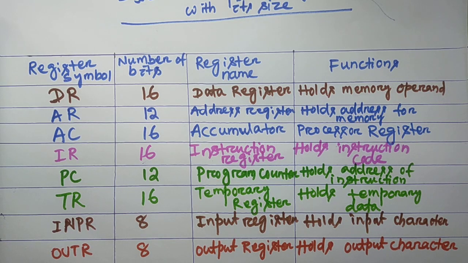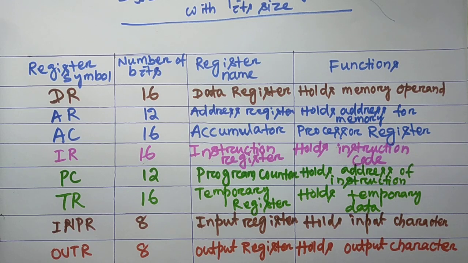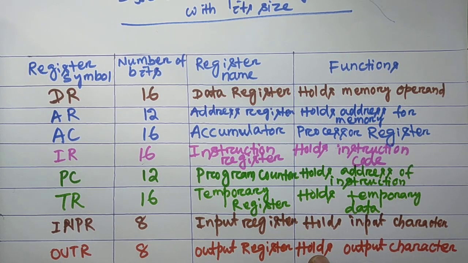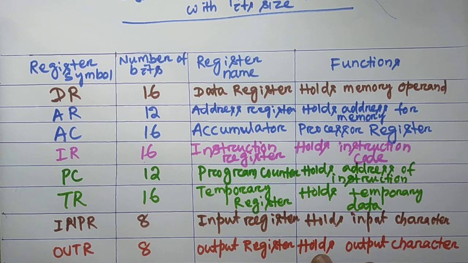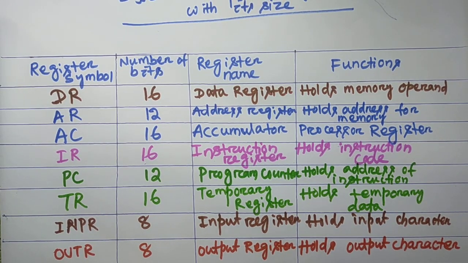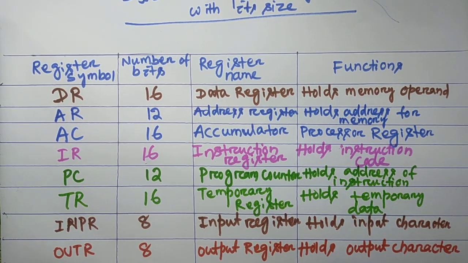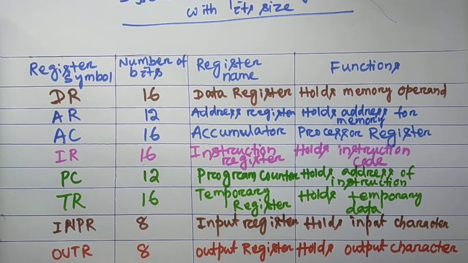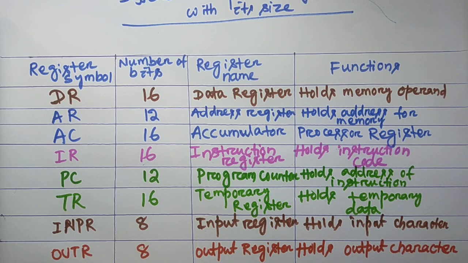I hope all of you understand these different computer registers with their sizes, when it is necessary to use them, and which register is needed for what purpose. In a very simple way, each register's function is different, not the same.